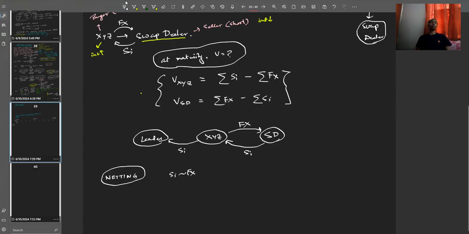Now in case of a swap, the rule is the differential payment has to be made by whoever has the higher payment due. So for example, if in any period, let's say t equals i, the variable payment is greater than the fixed payment, then the swap dealer has to pay, right?